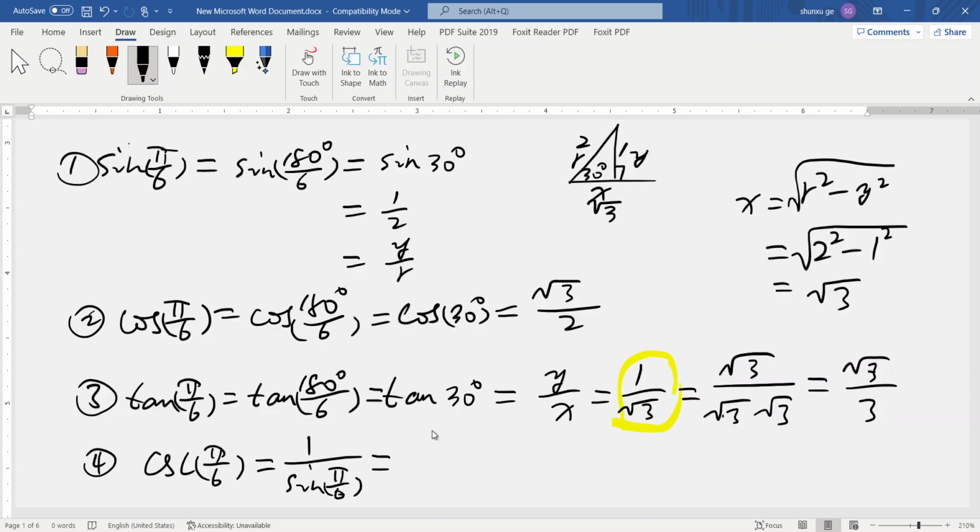Substitute here 1 over 2. So it means 1 divided by 1 over 2. So equals 1 times the reciprocal of 1 over 2. 1 times 2 equals 2.